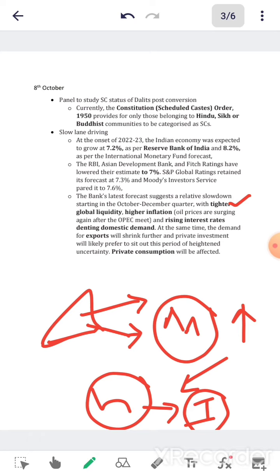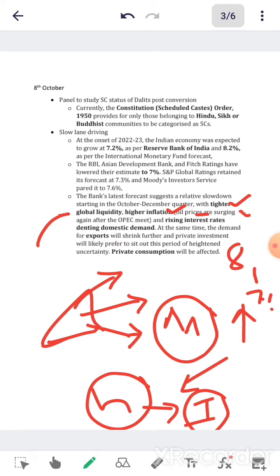Now let us understand tight global liquidity. The banks are not pumping money into the market. That is called tight global liquidity. Because of that, there is a money crunch in the market. The next reason for the decrease from 8% to 7% is higher inflation. Already there is very high inflation in the market, due to the surge in oil prices.